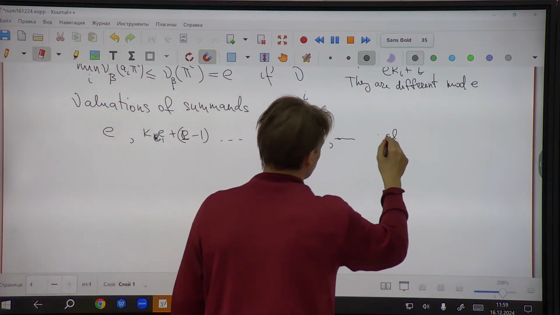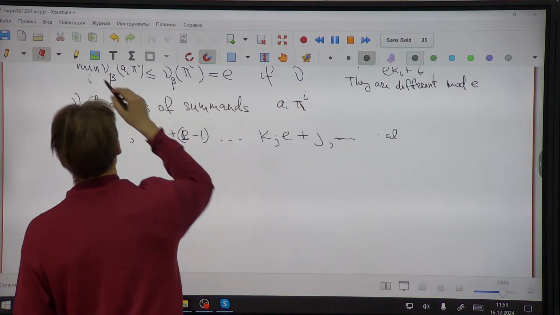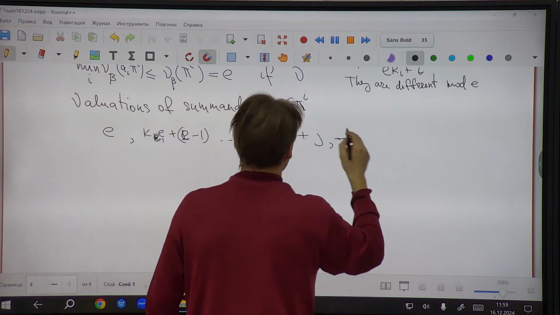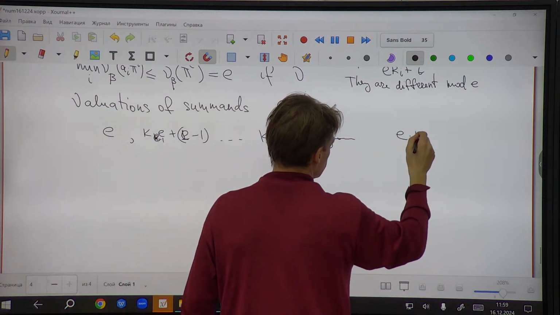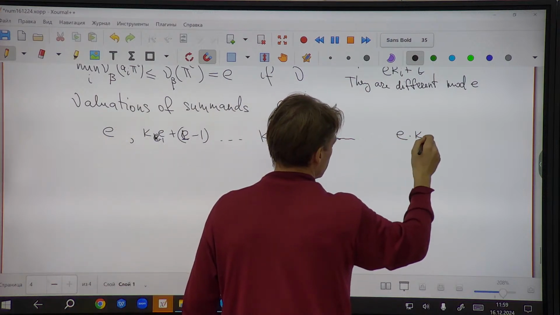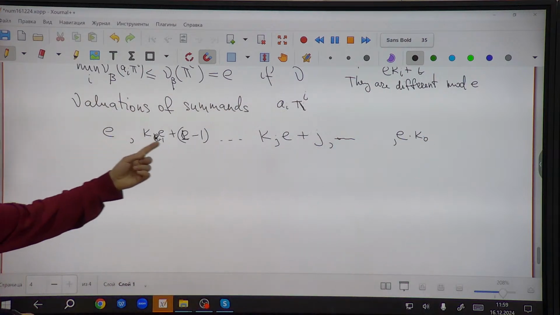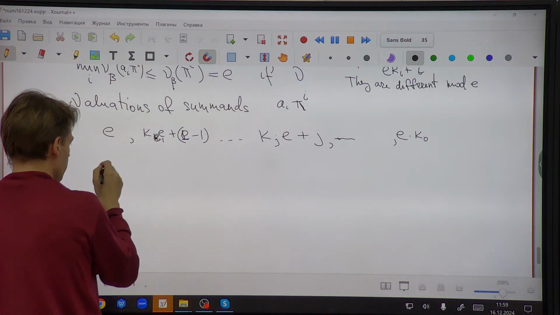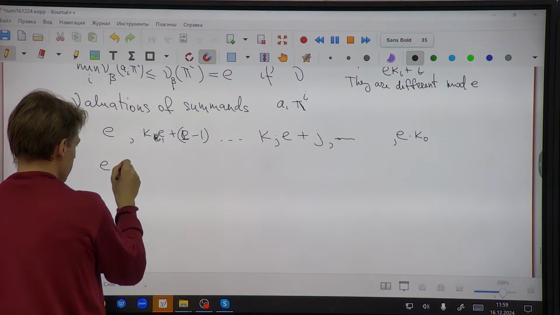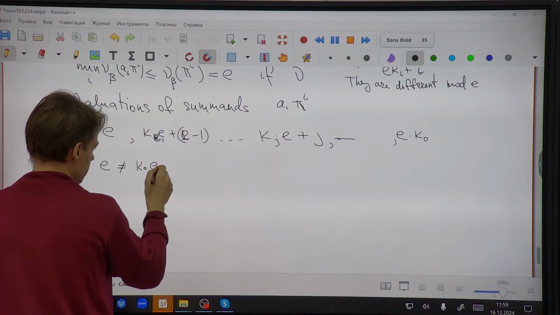You are writing down the valuation of a_0, which is just of the form e times k_0. What can happen if the first one is not equal to the last one, that is, if e is not equal to k_0 e?